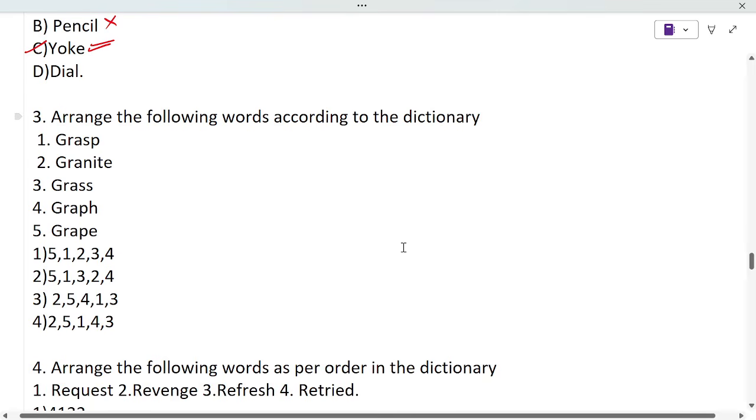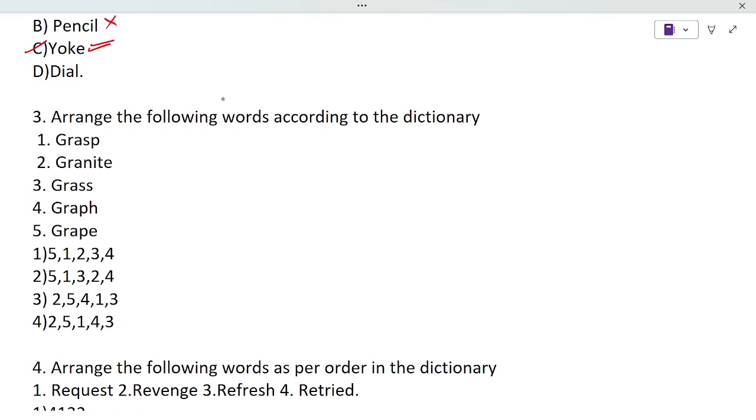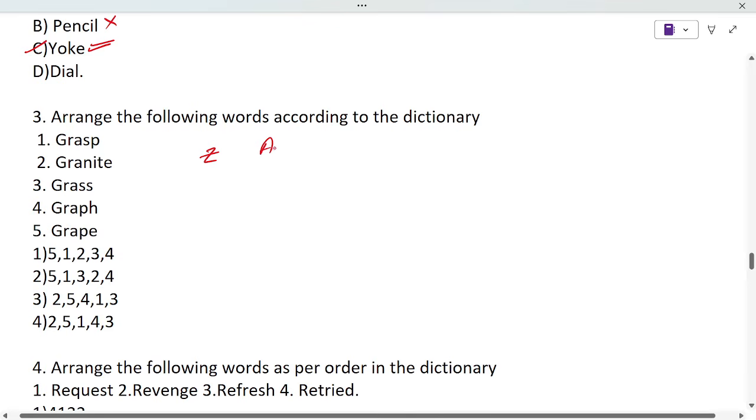Sometimes they might ask us to arrange the words according to the dictionary order. According to the dictionary, we'll start from A, not from Z. But the alphabet letter A, we have A only in every word.